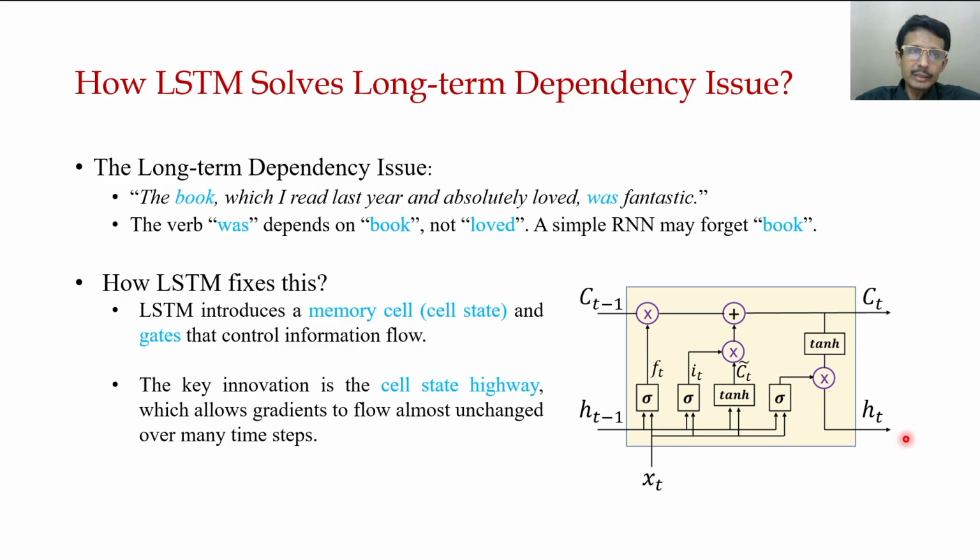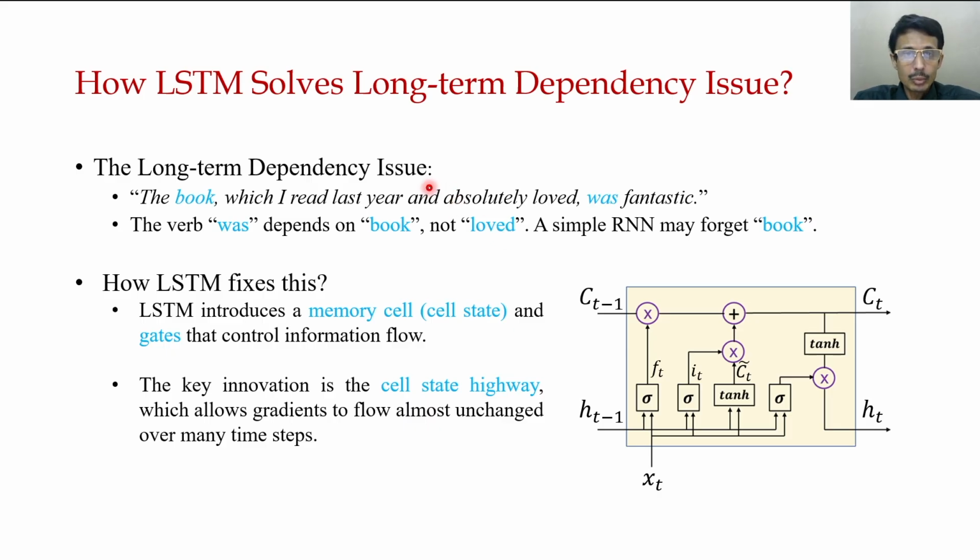Now we are going to see how LSTM solves long-term dependence. Now take this example sentence: the book which I read last year and absolutely loved was fantastic. In this sentence, the verb was depends on book, not loved.